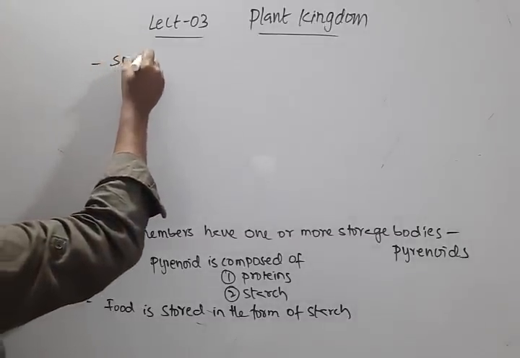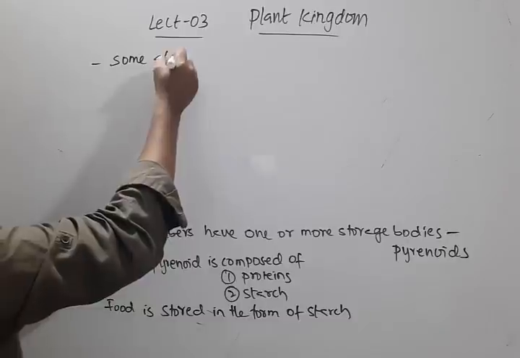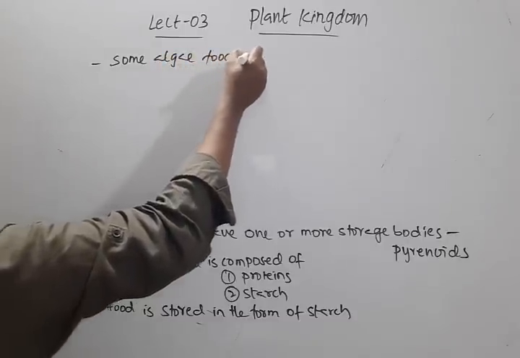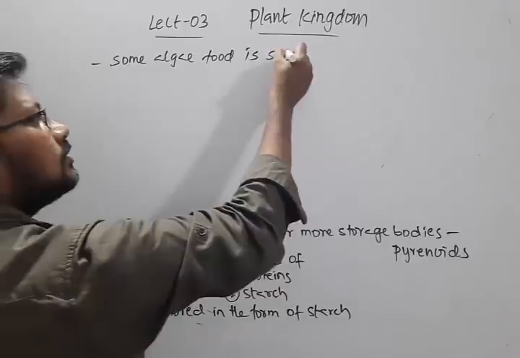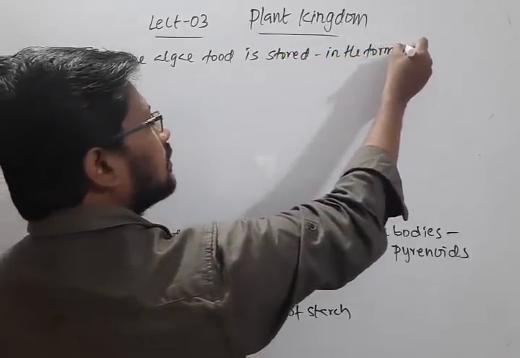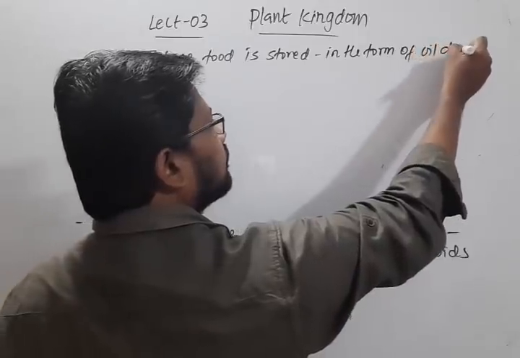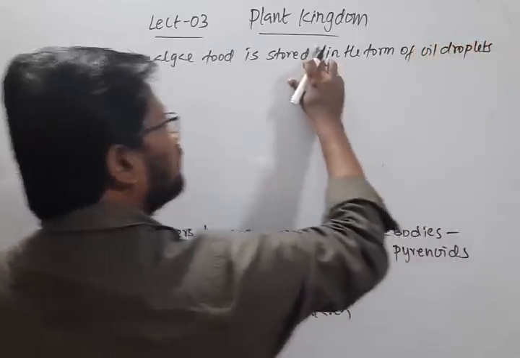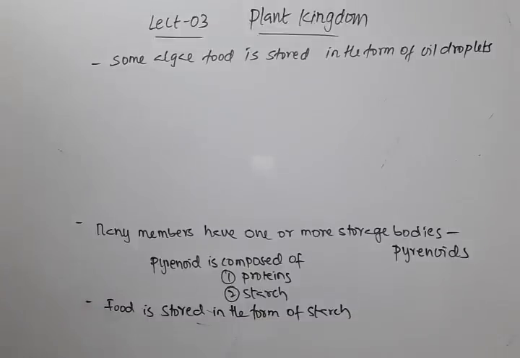So in some algae, food is stored in the form of oil droplets. There will be small oil droplets, so they store the food in that form.